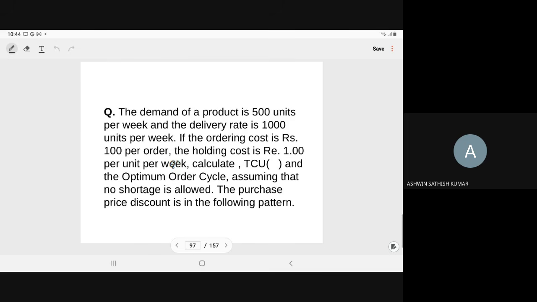The demand of the product is 500 units per week, that is D, and the delivery rate is 1000 units per week, that is A. The ordering cost is rupees 100 per order, independent of the quantity, meaning it is the setup cost per order.